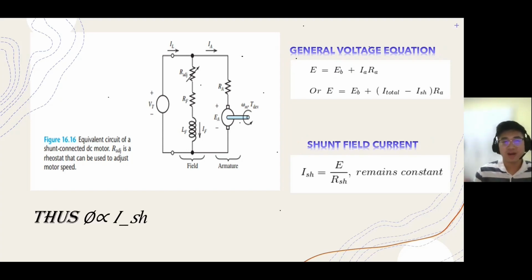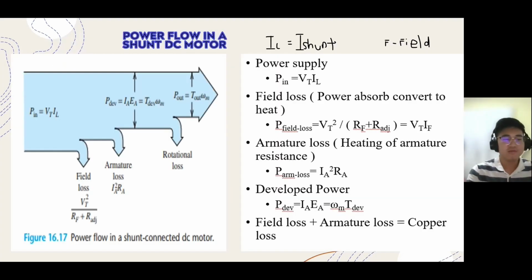Hence, the field flux is directly proportional to the field current ISH. Thus, the field current remains more or less constant, and for this reason, a shunt DC motor is called a constant flux motor.